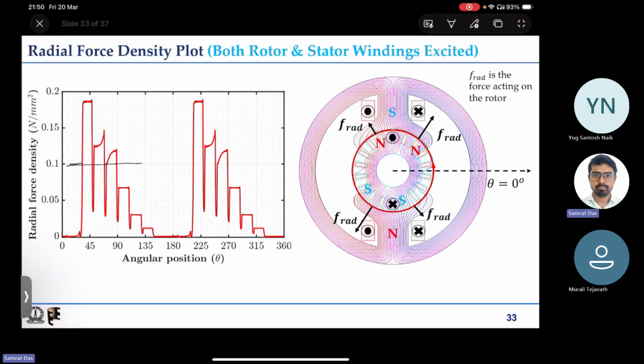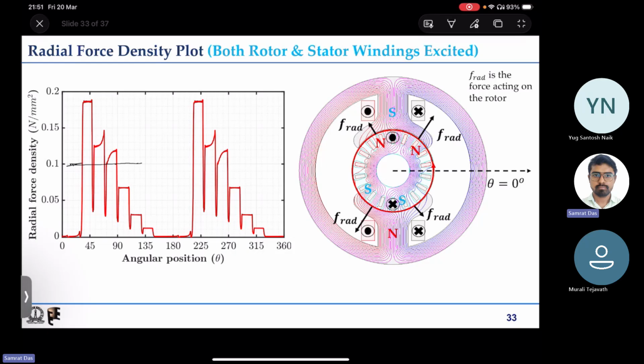Now you can see that on one side, due to higher radial flux density, the radial force has also gone up, whereas on the other side it has gone down, and everywhere it is actually positive because the force everywhere is radially outward. You can also understand it like this.